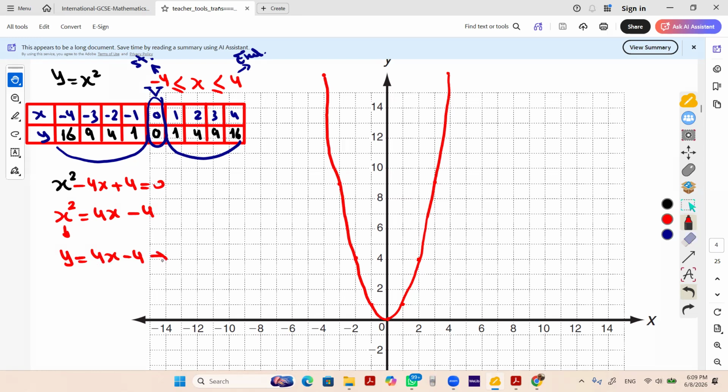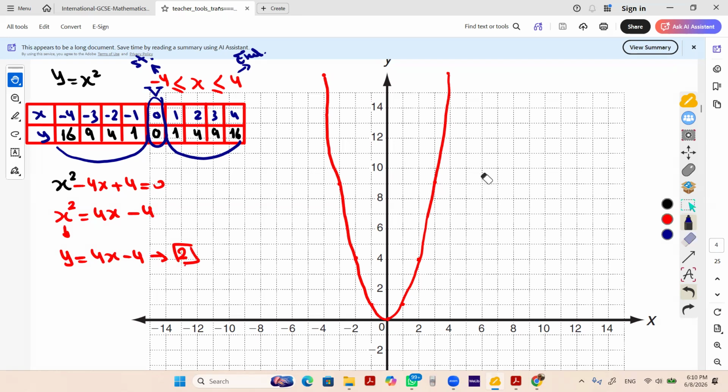Can you tell me how we can draw this line? Y equals 4x minus 4. No, I know how to draw the line.